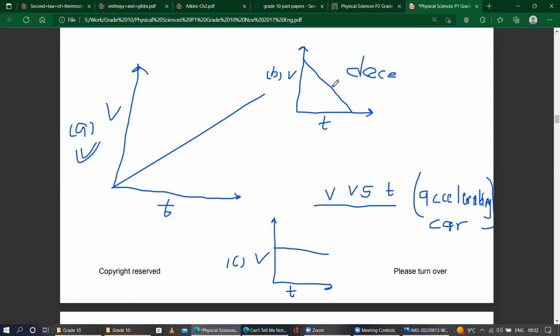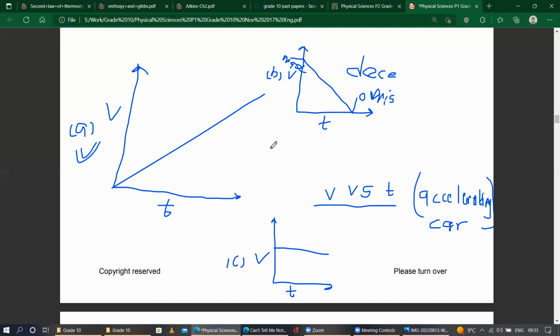I was going to say A because I can see it's going up, but B is also going down. For B, the car is coming from a high velocity and decelerating to zero. This is the maximum velocity, then this is zero velocity, 0 meters per second.